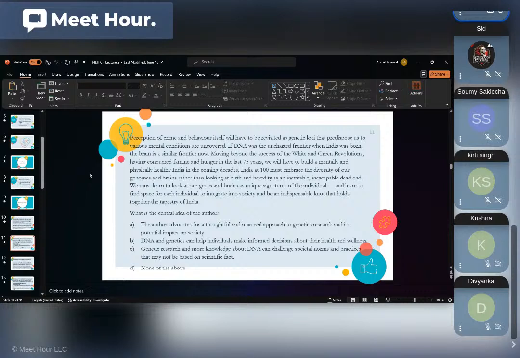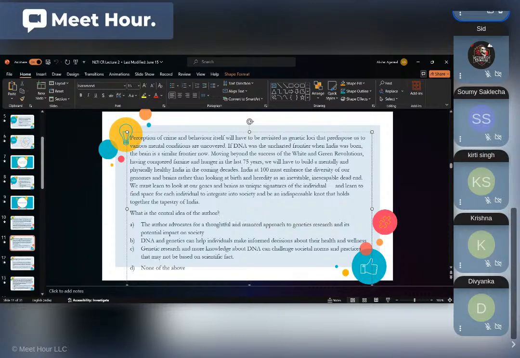A and C are a close call, but a very obvious thing you could have pointed out is that A is only talking about a nuanced approach to genetic research. It's a very general statement. It does not tell me something concrete about what the author is saying. In any case, the author's argument is not restricted to genetics research in general.